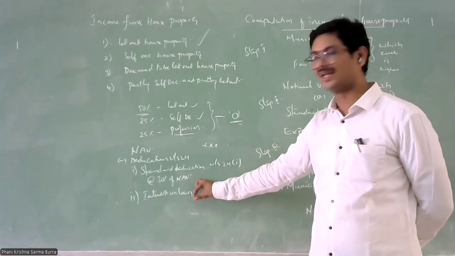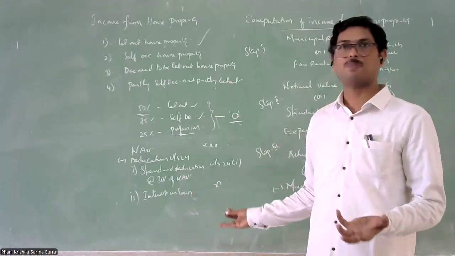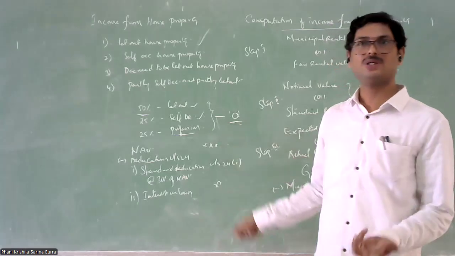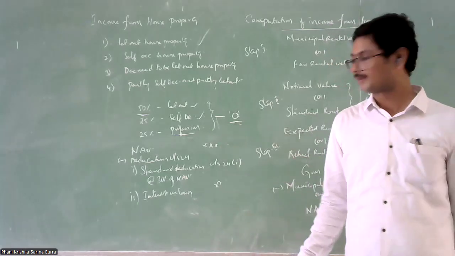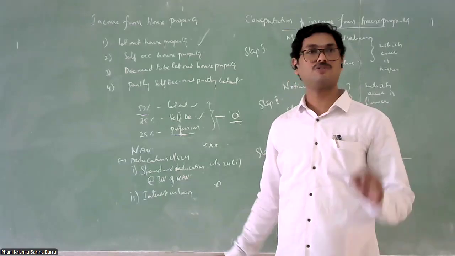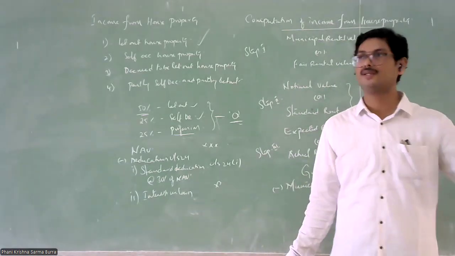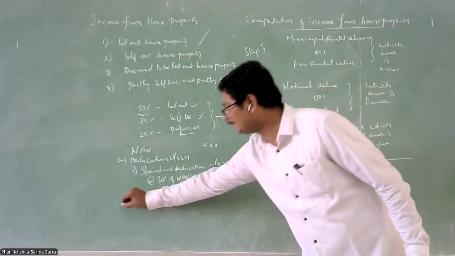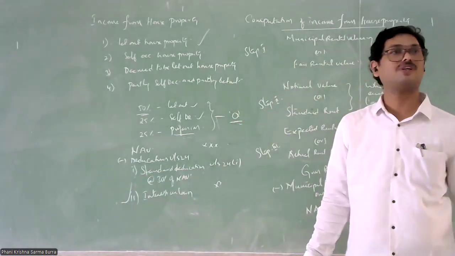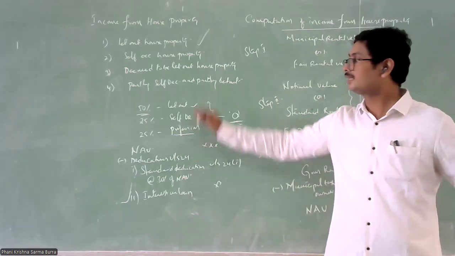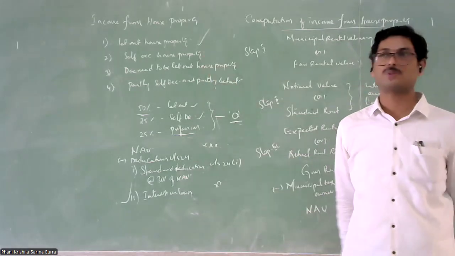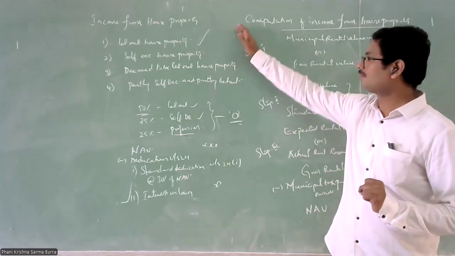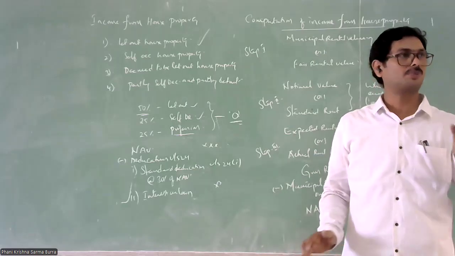So is standard deduction allowed? Absolutely not, because zero into 30% becomes zero. And the interest on loans taken for construction, renovation or repairs on house property is the only deduction allowed while calculating income from house property. So this is the way of calculation of house property.